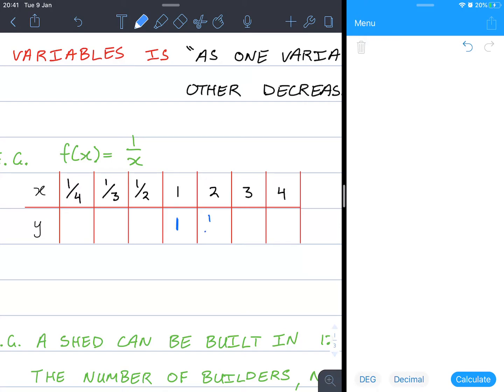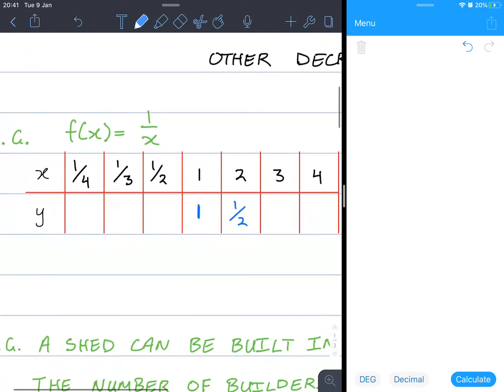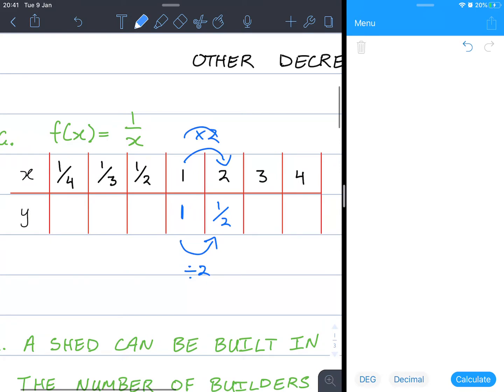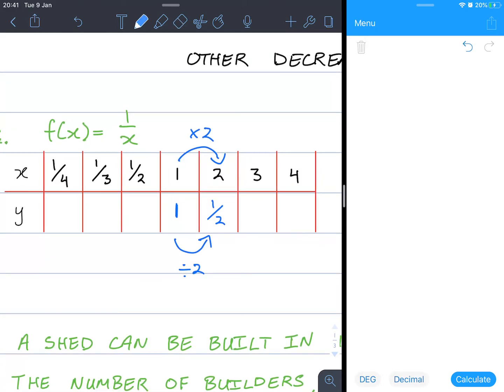Sorry, let me write that more neatly. Notice how when we double x, that's times 2, y is divided by 2. This is what it means when one increases, the other decreases proportionally. Let's do it again. If x is equal to 3, y becomes 1/3.